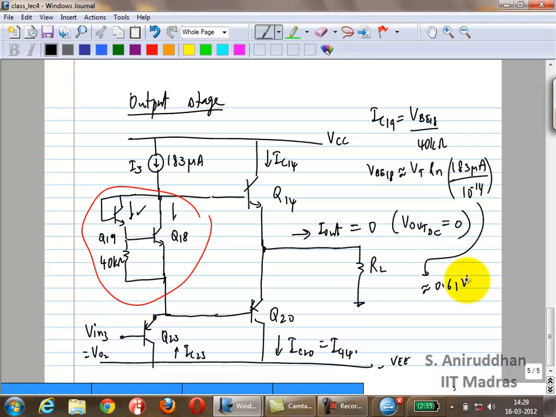Okay, so what is IC 19? You will get something like 15.3 microamps. Is that right?